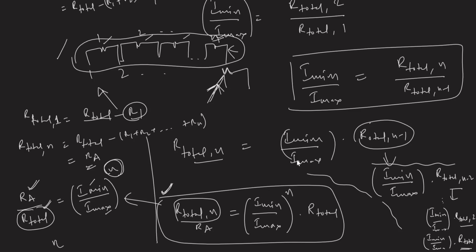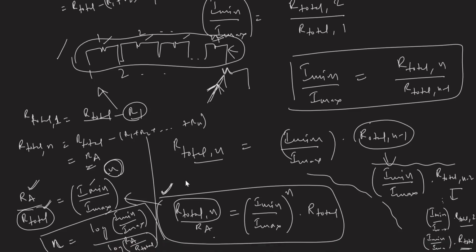So n can also be found. If I take the logarithm, n log of I minimum by I maximum, and on this side also the logarithm, that is log of Ra by R total. So this is the final expression for the number of sections.